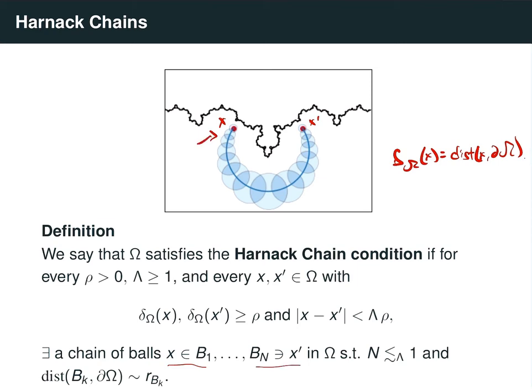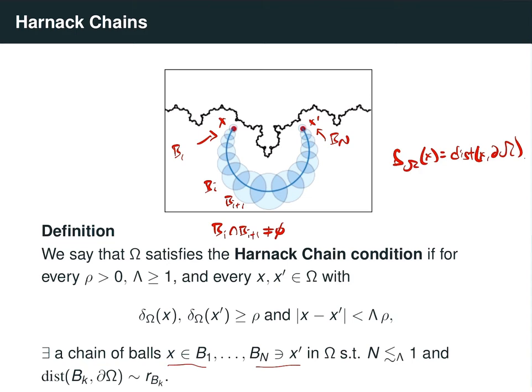So the first ball here is B1, the last ball here is Bn. And by a chain, I mean that consecutive balls in the sequence intersect each other. So if this is Bi and this is Bi plus 1, then we always have Bi intersects Bi plus 1.